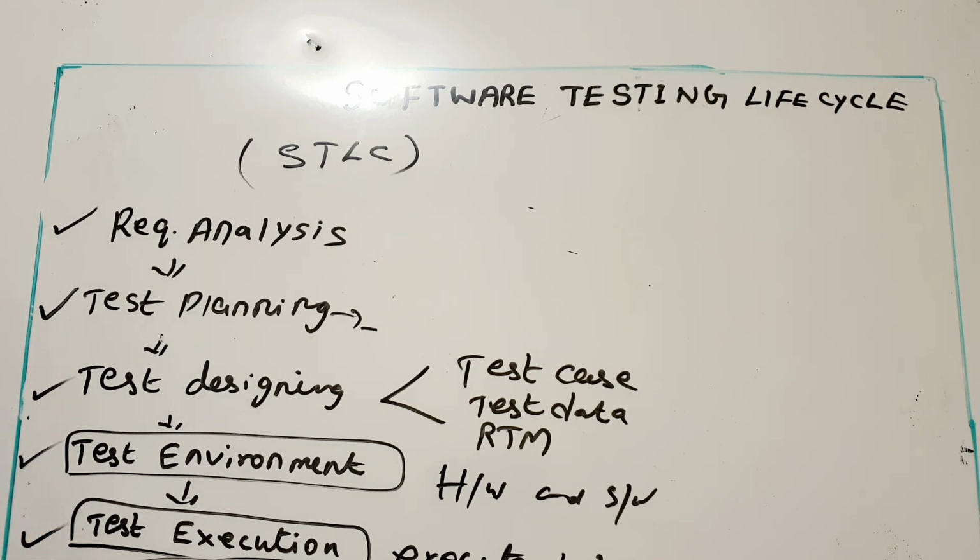We will write down a detailed report: what went well, what challenges we faced, and what we need to improve in the next, similar project. All of that is contained in the test completion. So basically, the software testing life cycle is the process that we follow to test a software.